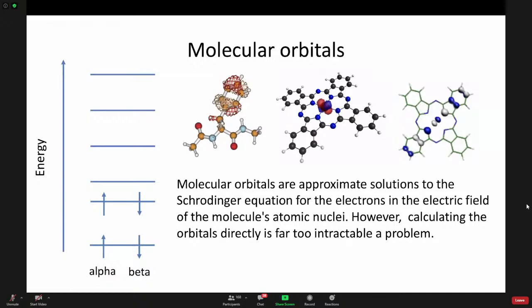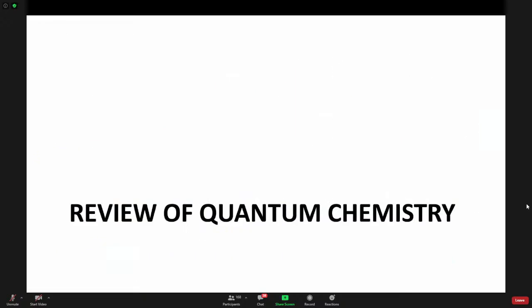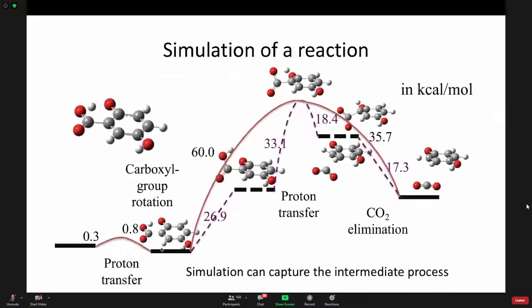However, for instance, we have to calculate the energy difference. For instance, we want to calculate the barrier to overcome this reaction. It will be a subtraction of energies. But for this, usually the Hartree-Fock method has a lot of errors.